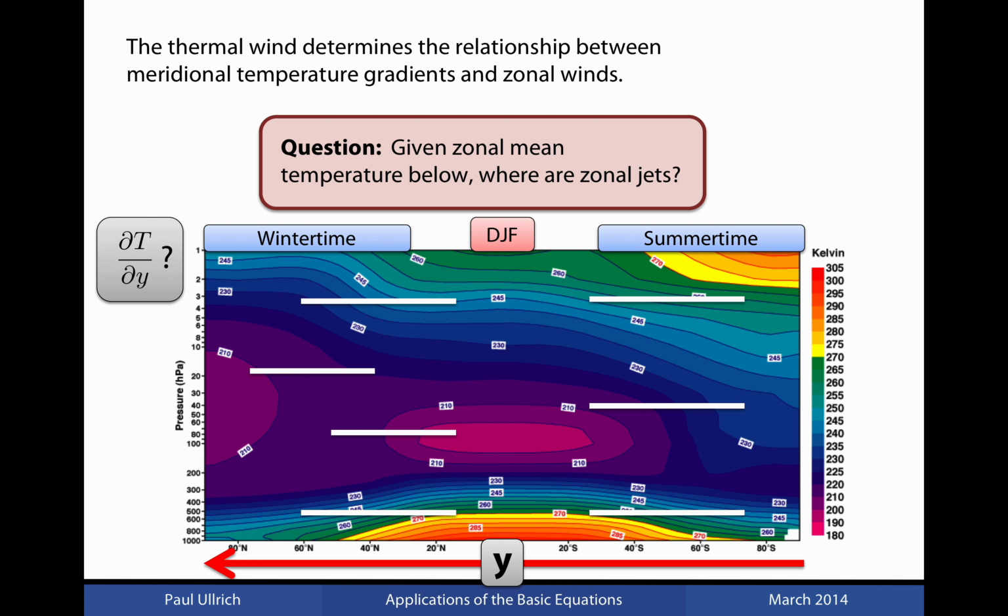The white lines that are drawn in this figure are indicative of a couple of regions where we can sample the meridional temperature gradient. So I leave it to you to take a few moments to calculate the meridional temperature gradient in these regions, noting that the y coordinate increases from right to left.